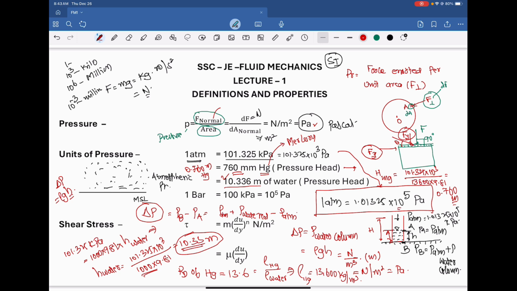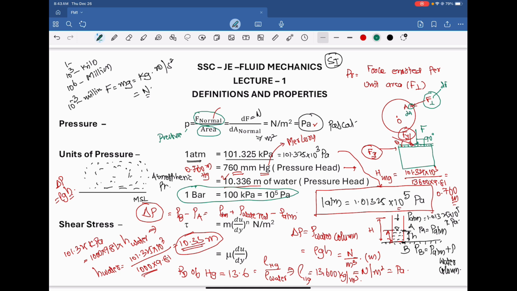Then there is a conceptual confusion between a bar and atmosphere. Atmospheric pressure is 101.325 kPa, whereas 1 bar is equal to 100 kPa.